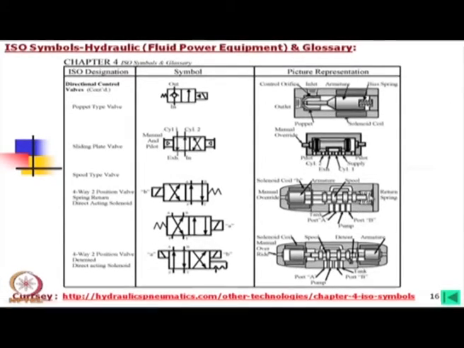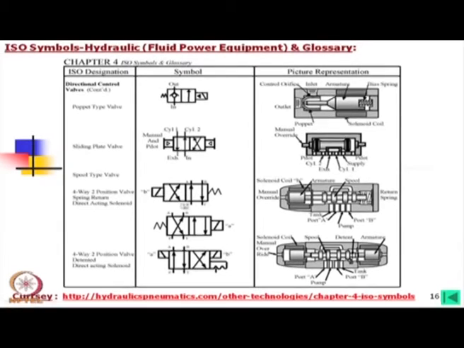If the spring is pushing this one, then oil is coming in and going to port B. So, if we do not actuate this, the valve will be in this position, but if we actuate, then it will be in this position.